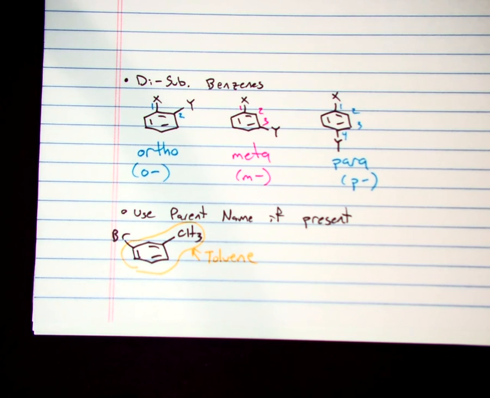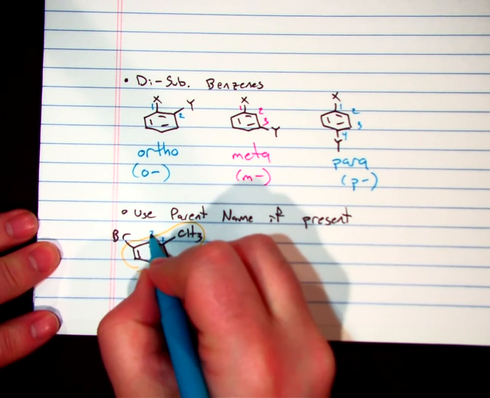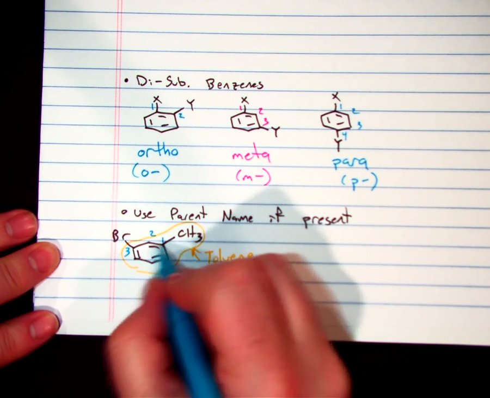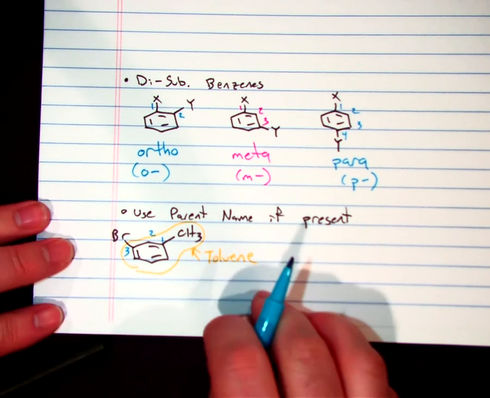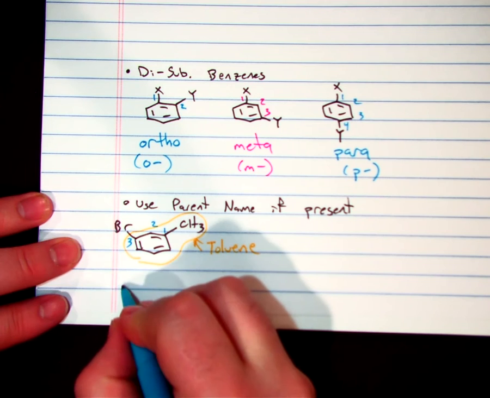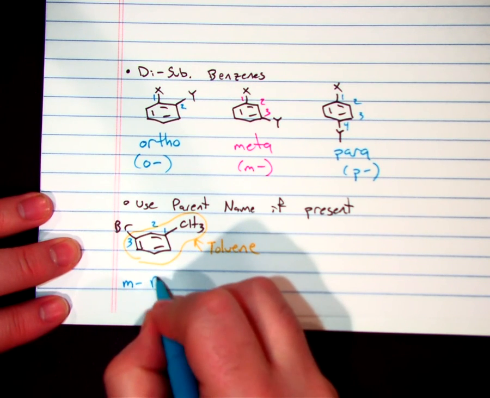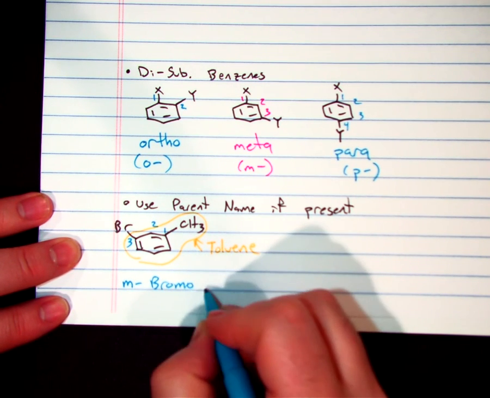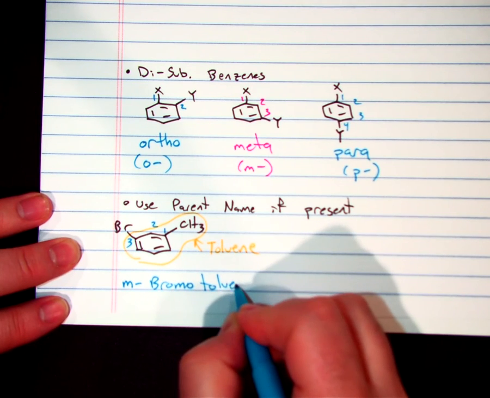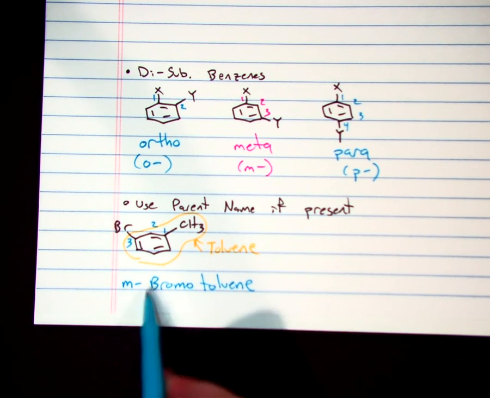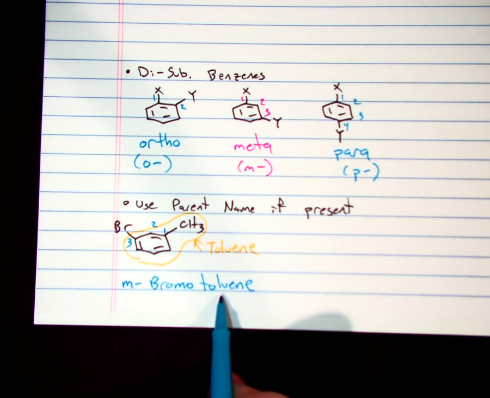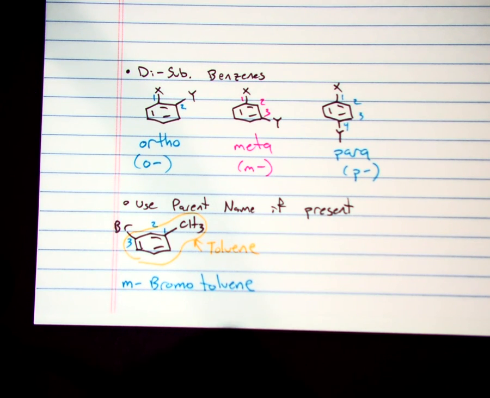And we have a bromine in a 1-3 relationship, so that's the meta. So the name that we're going to have for this is meta-bromotoluene. The meta is telling us the relationship between the bromine and the methyl group that is part of that toluene parent name.